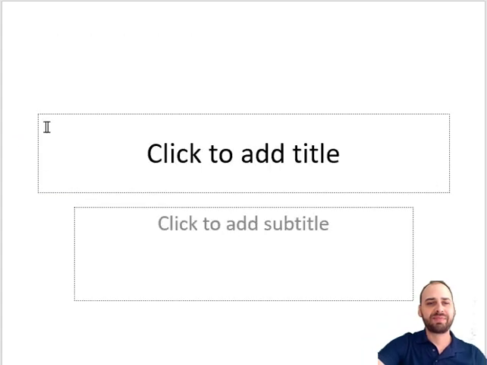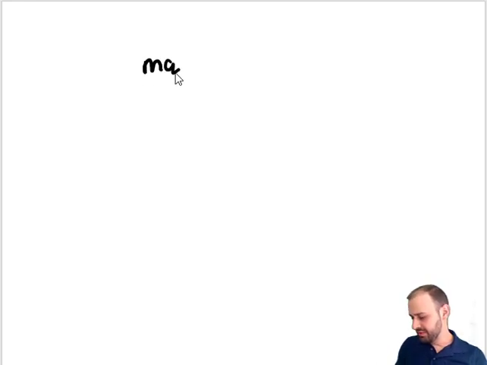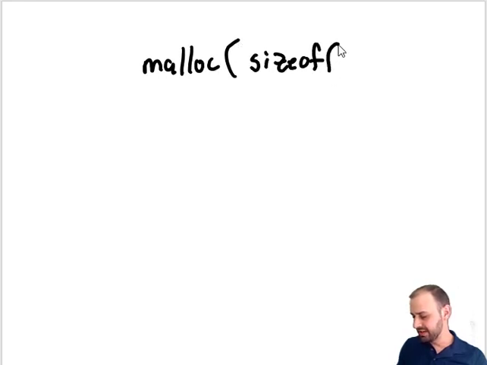If we wanted to allocate space for a double, we're going to use malloc again for memory allocation. I'm going to use sizeof so that I don't have to constantly keep track of the number of bytes for different data types, as well as to make the code more readable and portable. Okay, sizeof double.